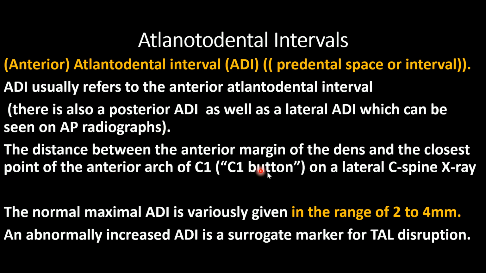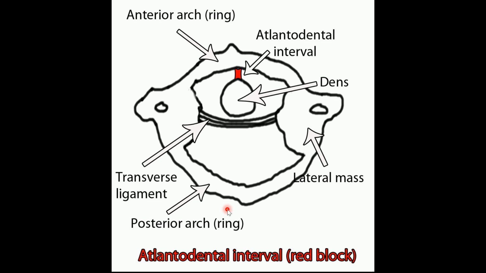The distance between the anterior margin of dens and the closest point of anterior arch of C1 on the lateral cervical spine X-ray should range from 2 to 4 millimeters. An abnormally increased ADI is suggestive of subluxation.